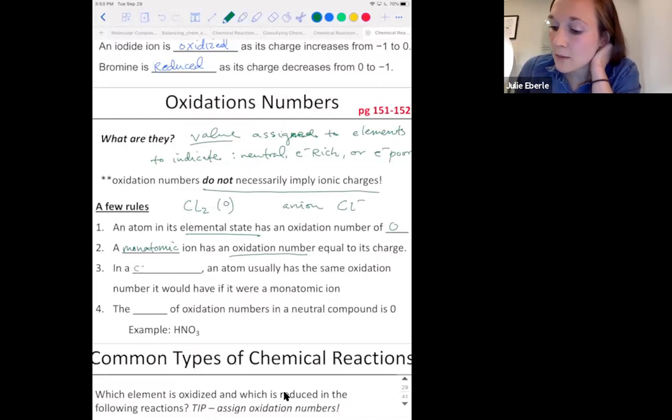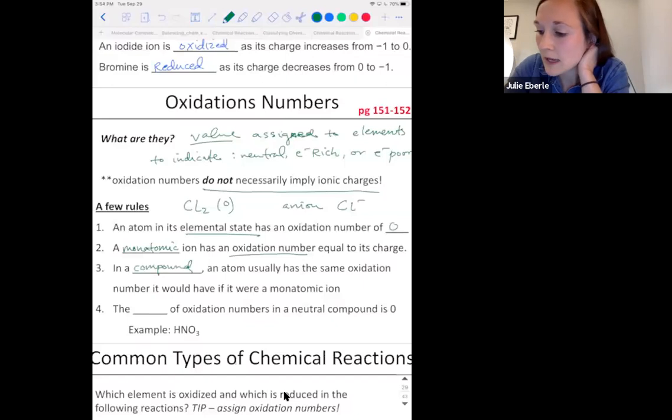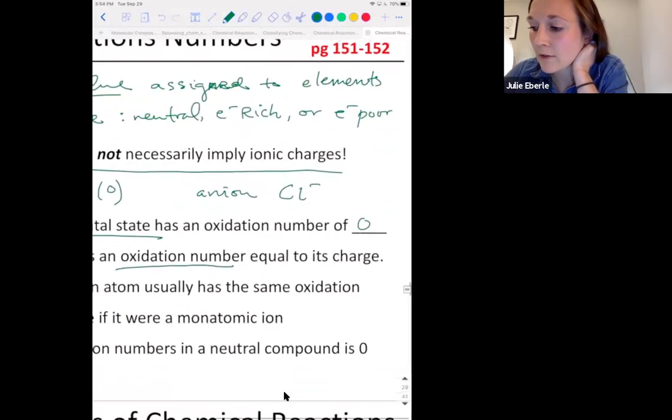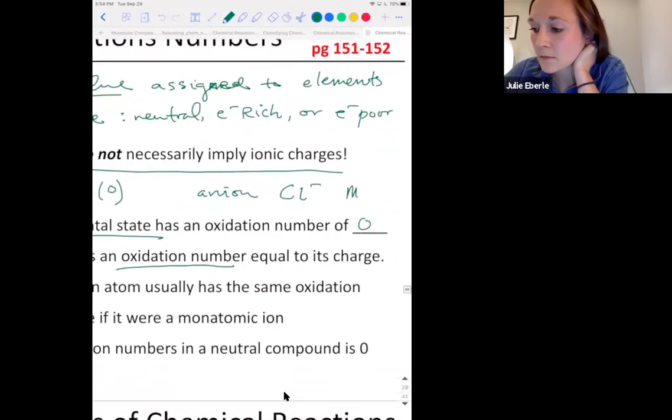Rule 3: in a compound, an atom usually has the same oxidation number it would have if it were a monatomic ion. Now let's just say that we have chlorine with magnesium. We have chlorine, it's just in a compound. What oxidation number do we give chlorine?